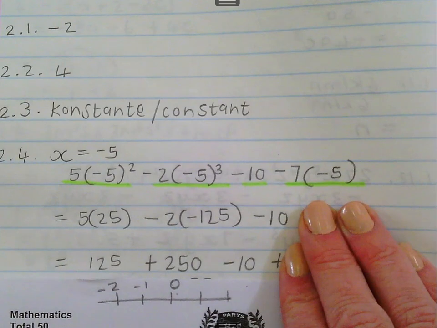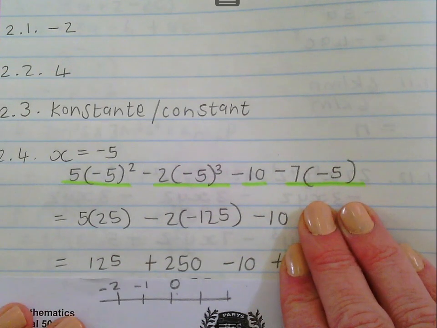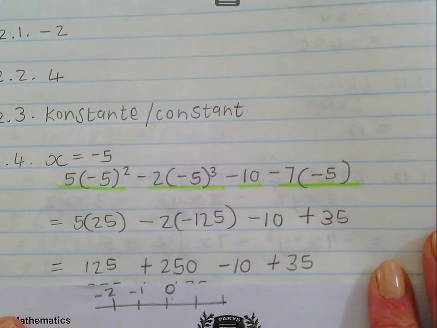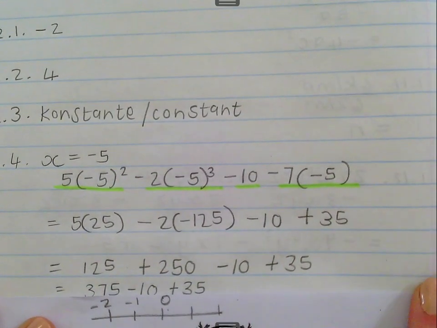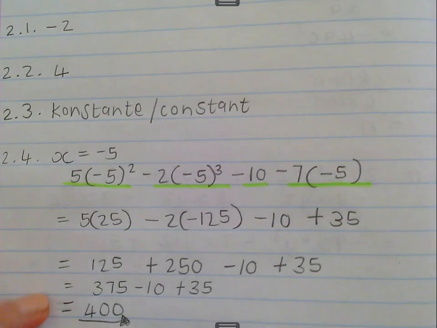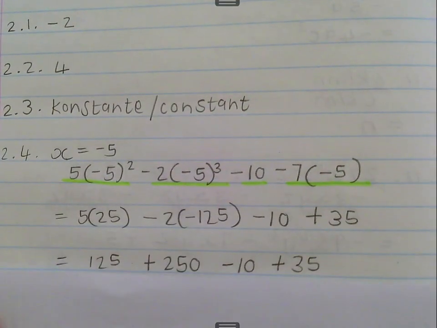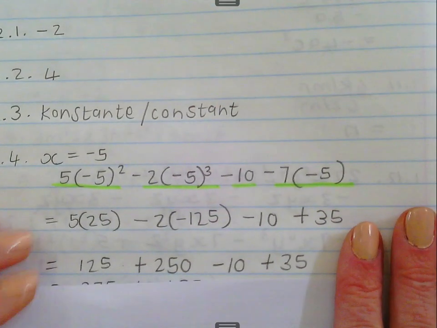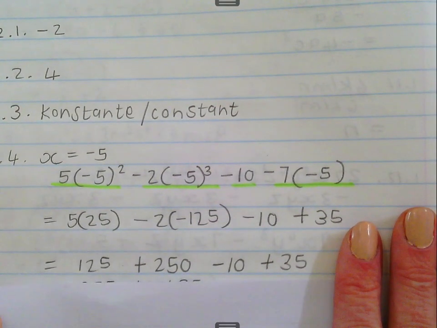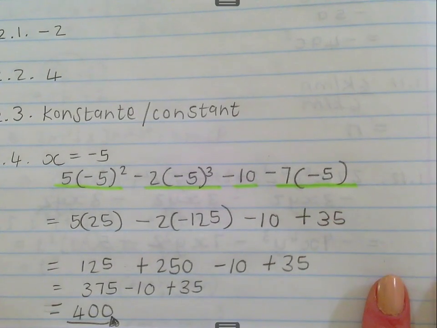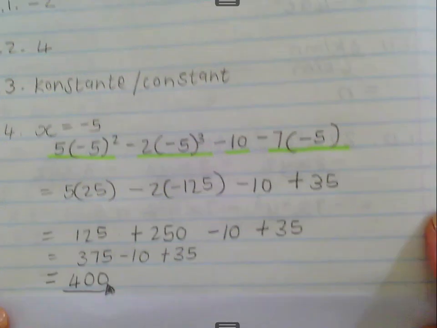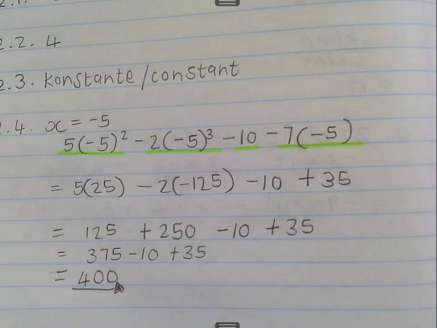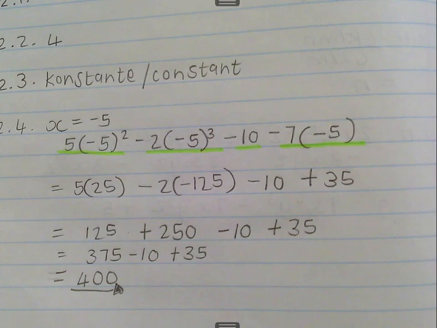I said -7 times -5 will give me a positive 35. And then when you add and subtract these numbers, what's your final answer? Then I said 125 plus 250 is 375, then 375 minus 10 is 365, plus 35 is 400. Very good. You got it right, 400. Okay, well done.